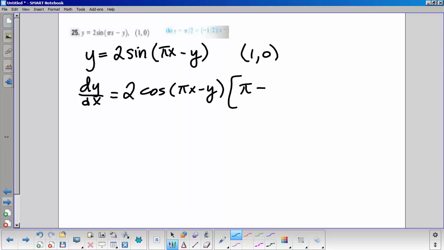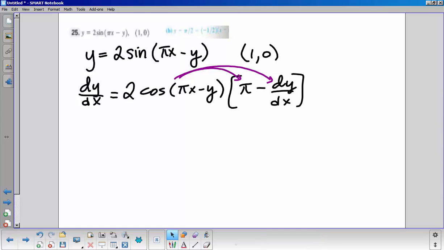minus dy dx. Now the only tricky part about this problem, and you might not see it right away, is in order to isolate the dy dx, we have to distribute this. It looks gross, but you distribute it, and then the dy dx is free for you to move over to the other side. You follow that?